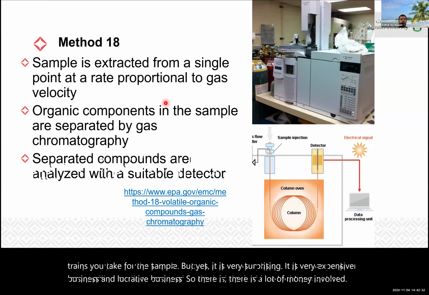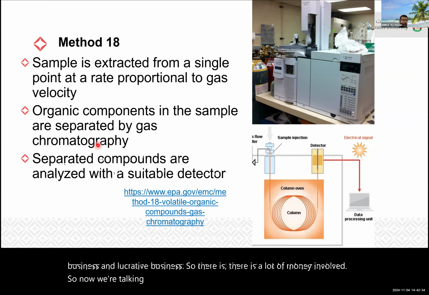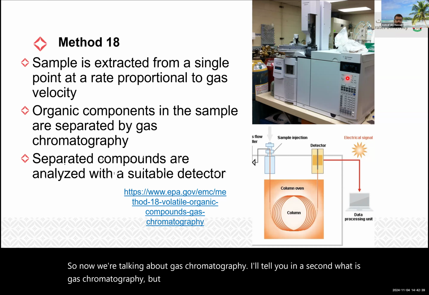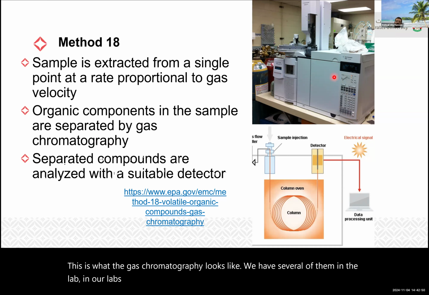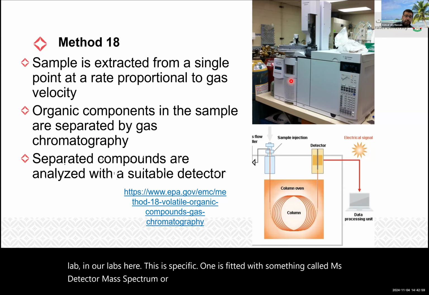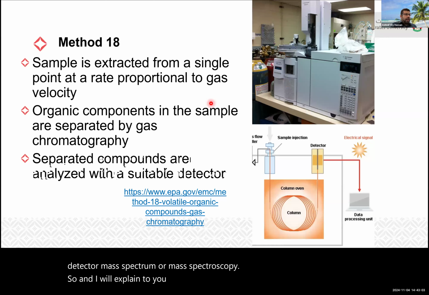So now we're talking about gas chromatography. I'll tell you in a second what gas chromatography is, but I just want you to take a look at this picture over here. This is what a gas chromatograph looks like. We have several of them in our labs here. This specific one is fitted with something called an MS detector, mass spectroscopy, and I will explain exactly what that is in a second.